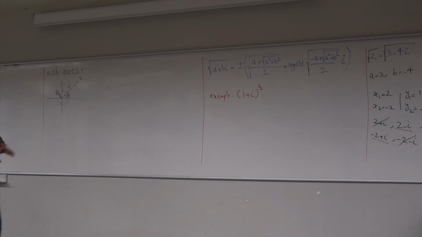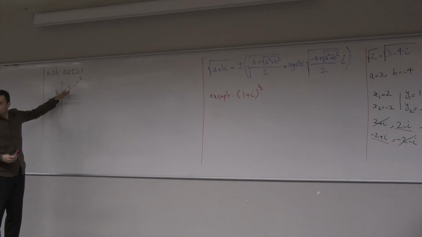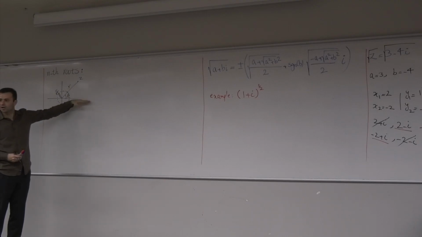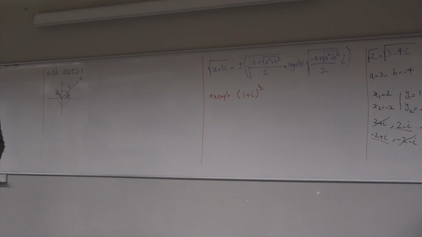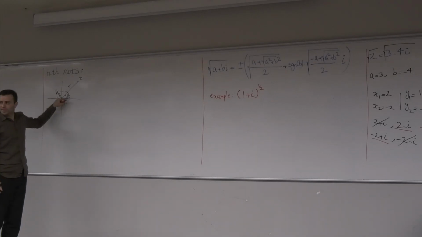Okay? But I also need to find the argument, or the angle of this number, which it makes with the positive part of the real axis, right? What should that be? When I'm multiplying the square root of z with itself in order to come to z, I need to add this angle to itself such that it turns out to be theta.